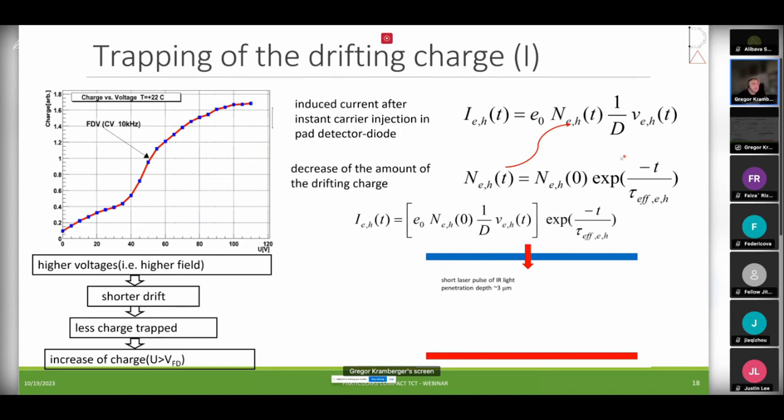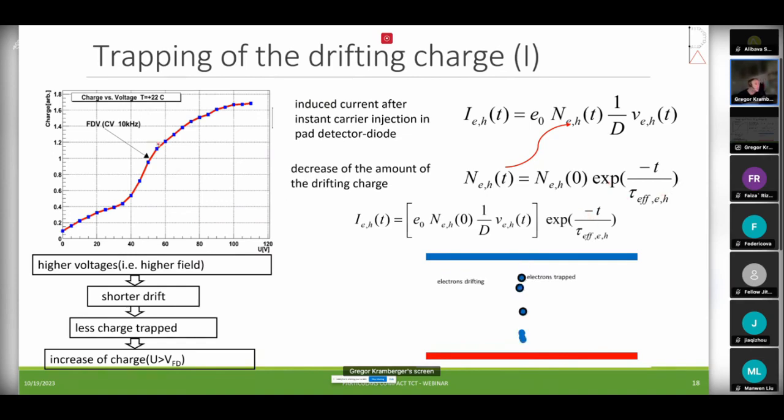And this is described by the probability of this trapping, which is 1 over the trapping time. So the less time the carrier spends in your sensor, the less likely it is going to get trapped. And this is this exponential term.